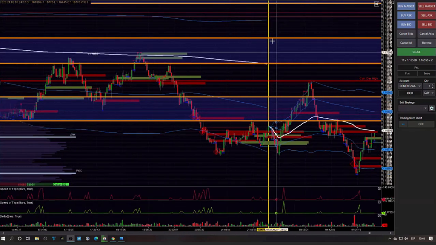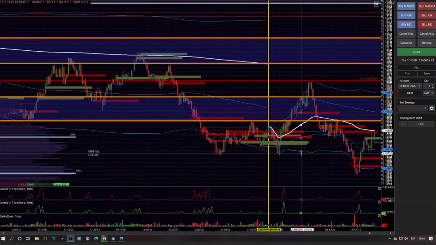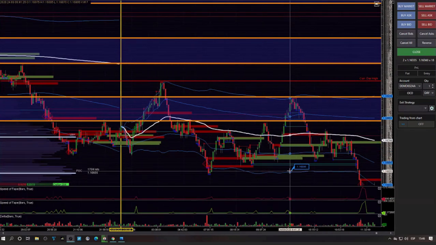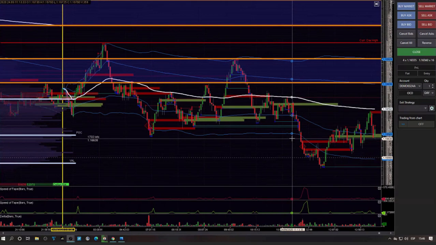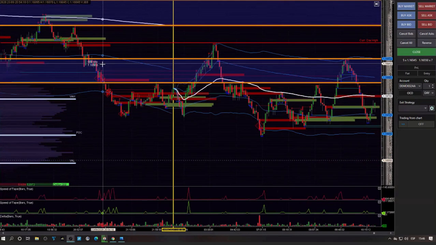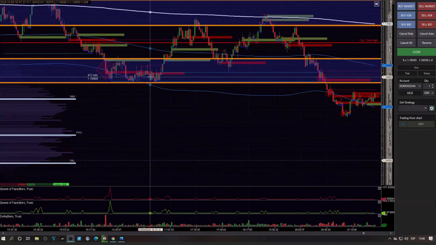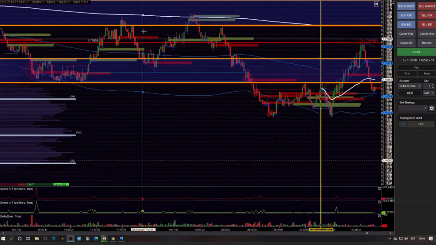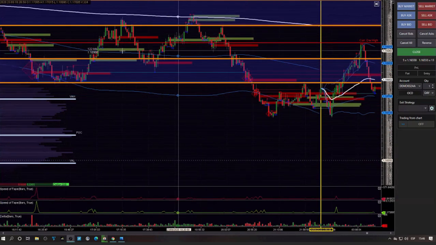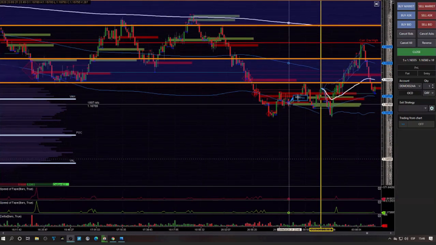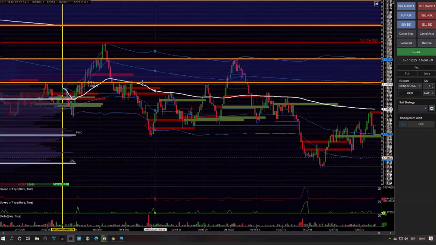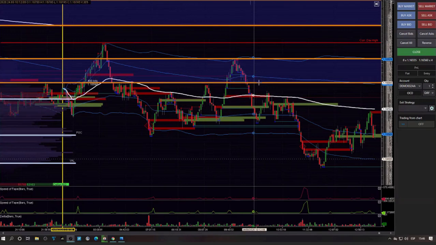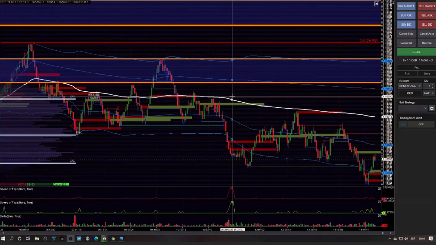Now, after this yellow line is today's session, right? And we can see how, in this rotation right here, the price traded above this yellow line and then traded below. In today's session, you can see how the price has been below this rotation here.